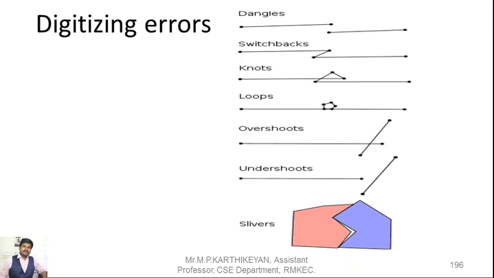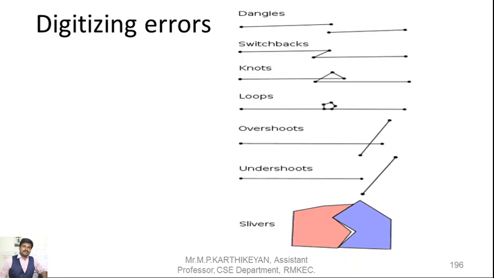The first line and second line have to meet at the middle point B, but as there is an overlap, it is called an overshoot error. And vice versa, the opposite: if it has not overlapped, if it is underlapped, then it is called an undershoot. So these are the various types of errors.